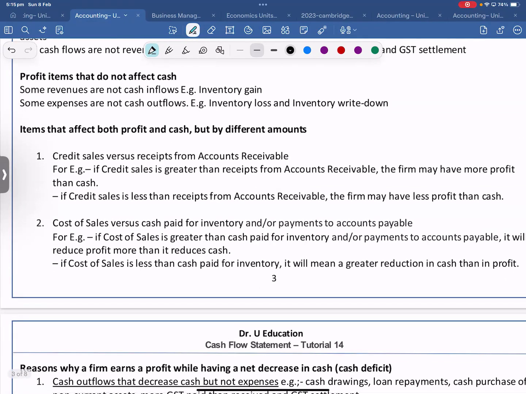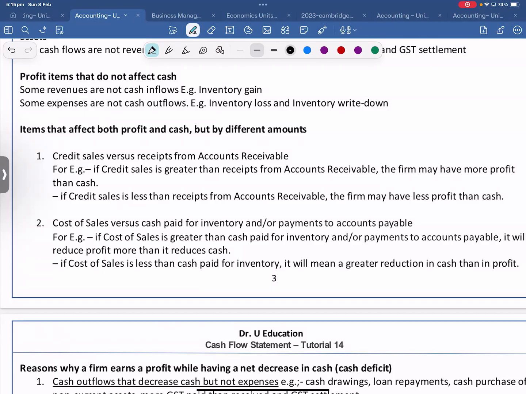What is the story? Credit sales and receipts from accounts receivable. Accounts receivable don't pay everything at once. Whatever we sell on credit in a period may not be collected in the same period.